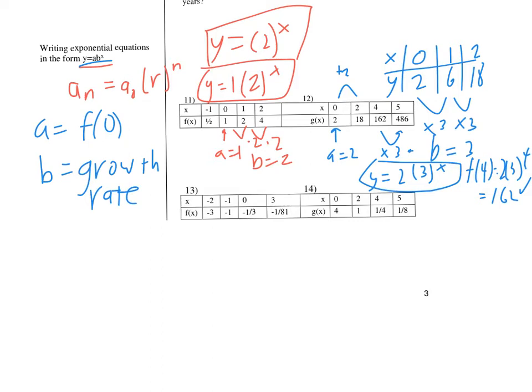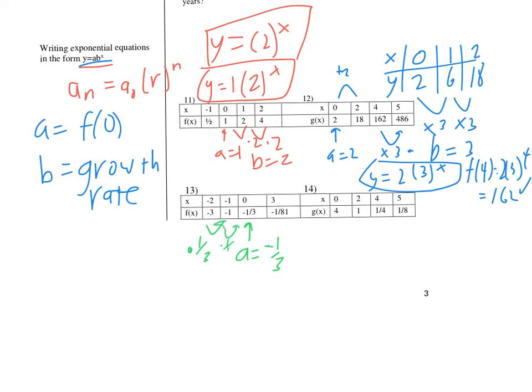All right, next up here we got number 13. So once again, we do have our a value here at negative 1/3. And it is possible for a to be negative, that's fine. All right, and so now we've got to figure out what our growth rate is. What I am tracking here is that this is being multiplied by a positive 1/3 as it goes along.